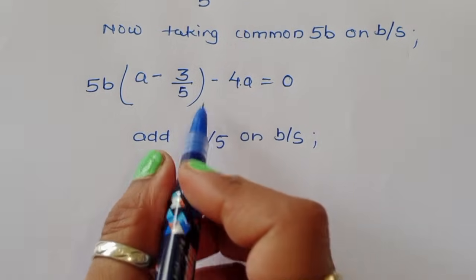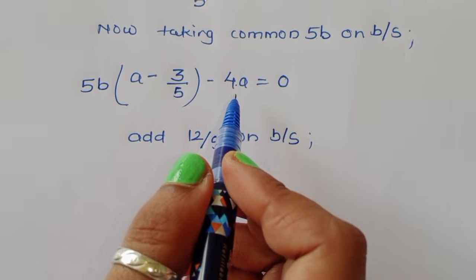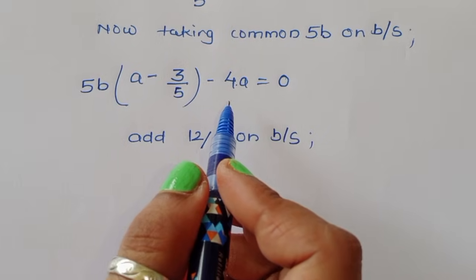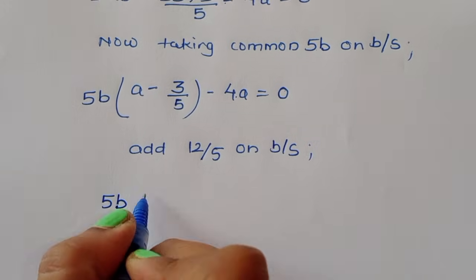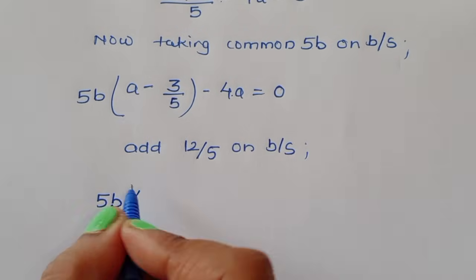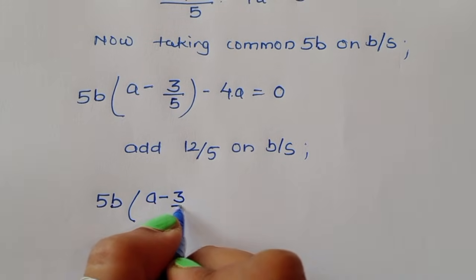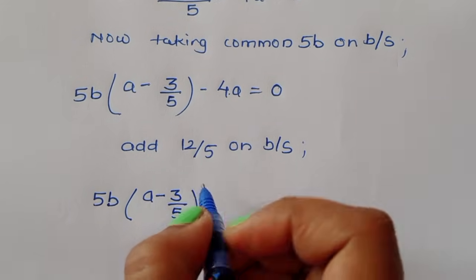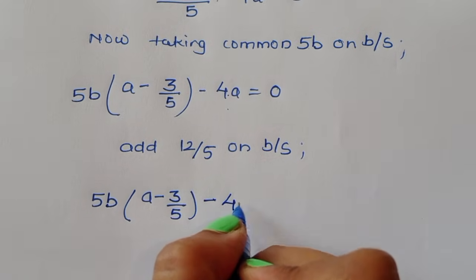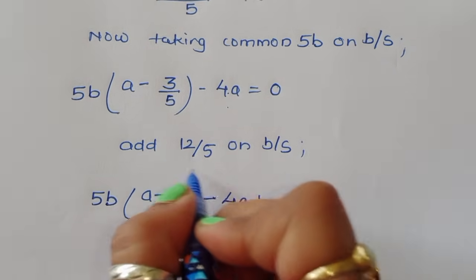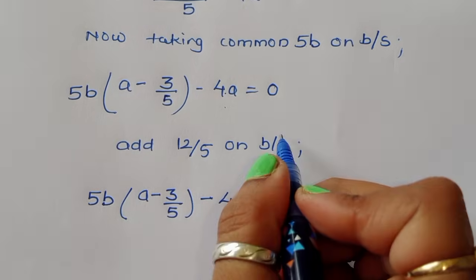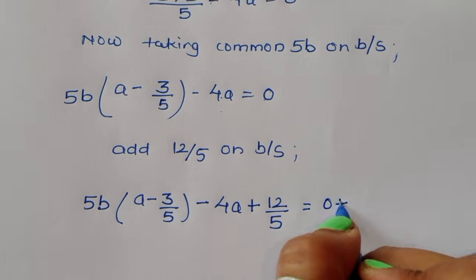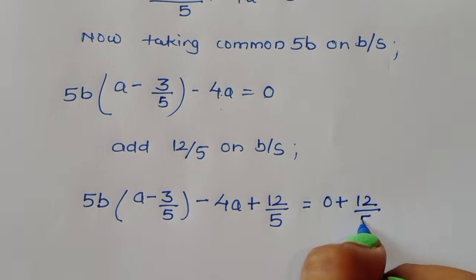Adding 12 upon 5 on both sides, we get 5b times a minus 3 upon 5 minus 4a plus 12 upon 5 is equal to 0 plus 12 upon 5.